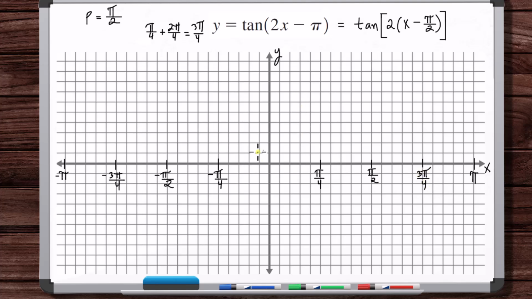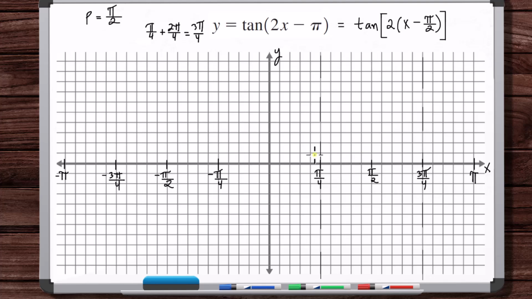Okay, so again, we've shifted. If there was no shifting, the vertical asymptotes would be here and here for what we're going to sketch. But this has been shifted pi over 2 to the right, so it's going to start at pi over 4. So let's draw the vertical asymptotes. And then end pi over 2 past pi over 4, which is here.